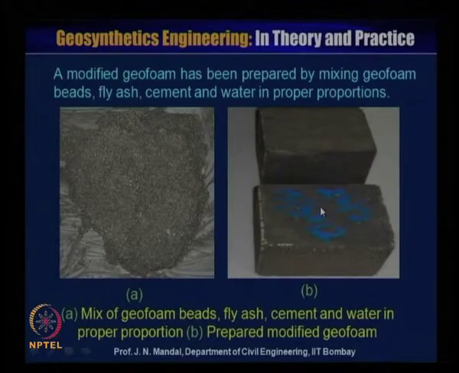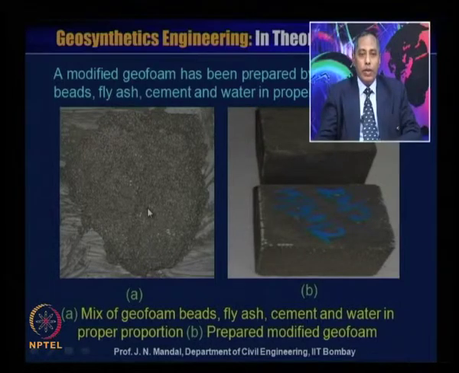And this is a modified geofoam that has been prepared by mixing geofoam beads, fly ash, cement, and water in proper proportion. This work has been carried out in this institute, and this is the mixed geofoam beads, fly ash, cement and water, and this is the prepared modified geofoam block, or you can say a new geomaterial.